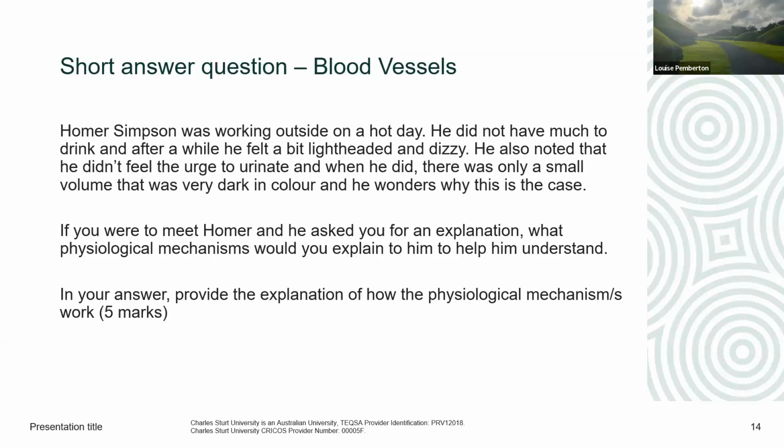And if you're moving water back in, you're going to excrete a smaller volume of urine. It's going to be very dark in color because the water is moving back into the blood. But you still need a system to get rid of waste products, so you excrete low volumes of really highly concentrated urine.